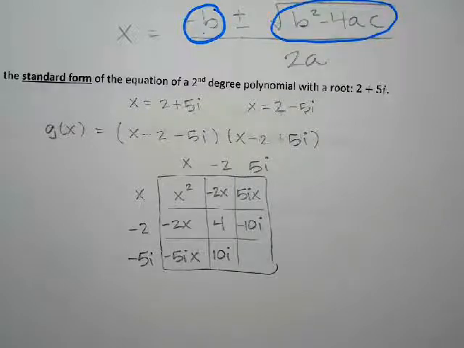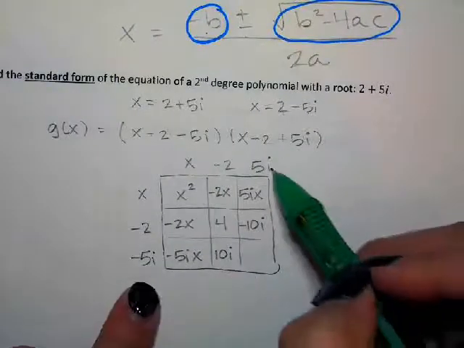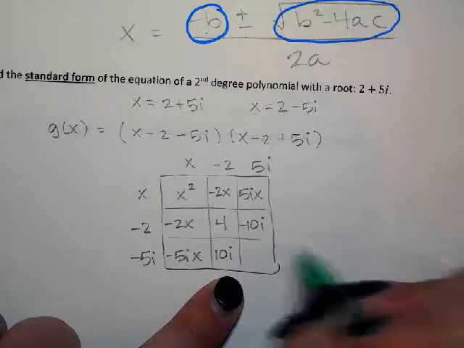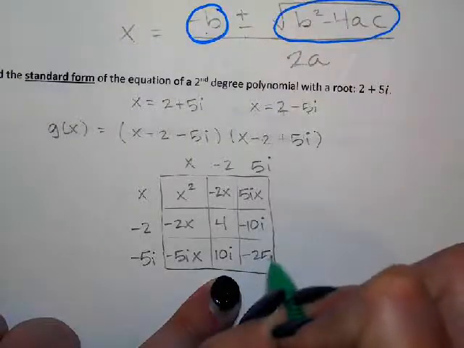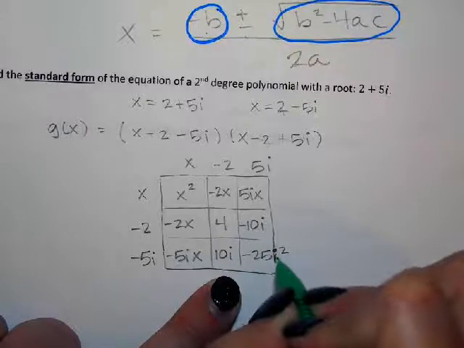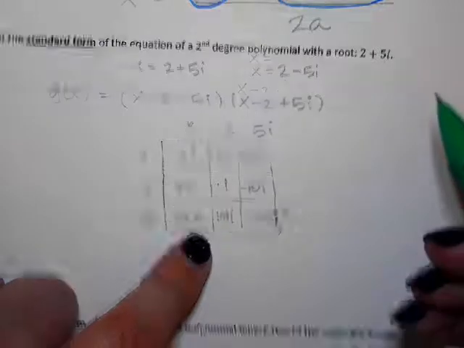All right. What is the very last one? 5i times negative 5i? Okay. So there is some nastiness inside this box, but what is happening? It cancels, yeah. So 5ix and negative 5ix, those cancel.